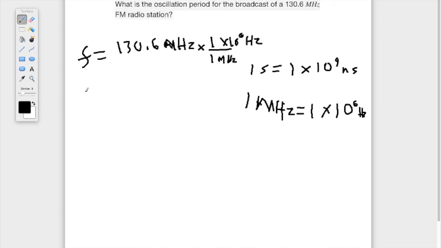And then we know that the period and the frequency are just reciprocals of each other.